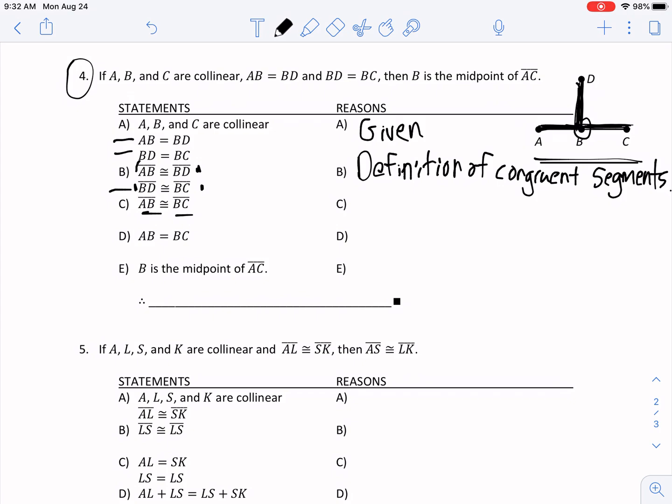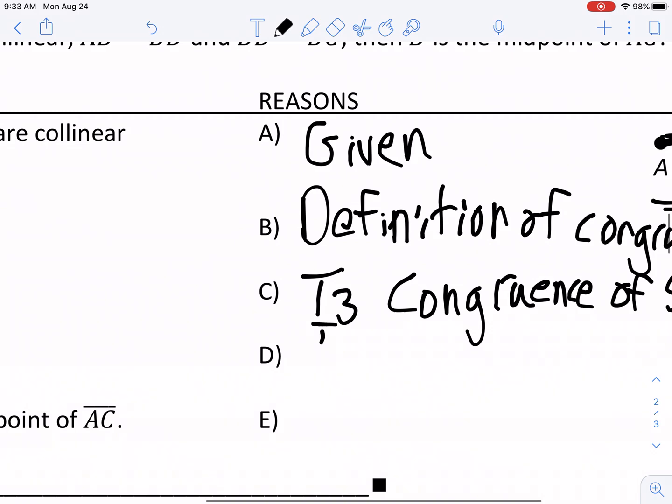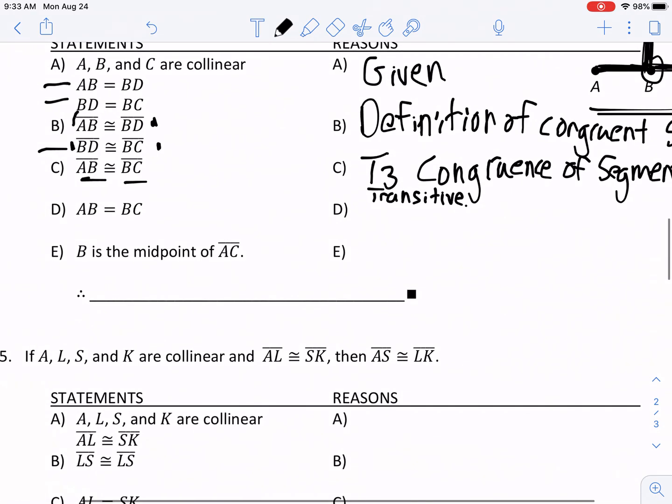Yeah, and that's that theorem 3 property that we looked at that said congruence of segments is transitive. Okay, so remember, if A equals B, B equals C, then A equals C type thing.